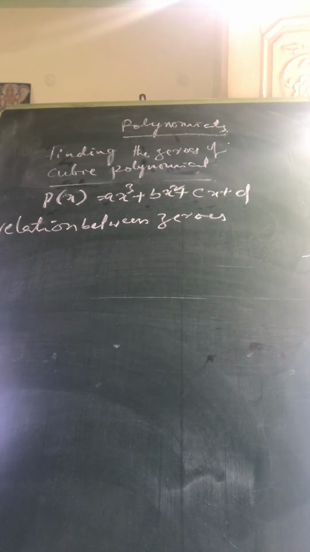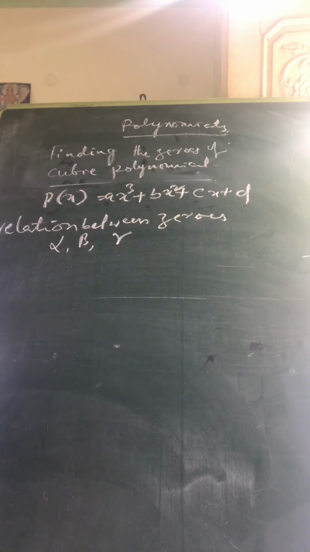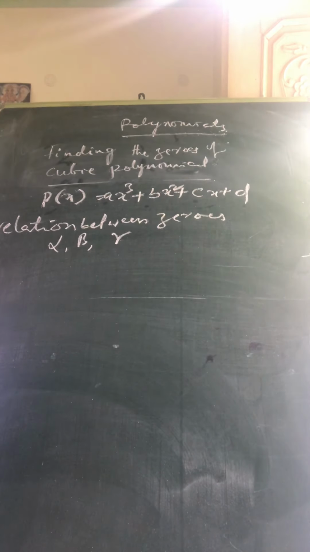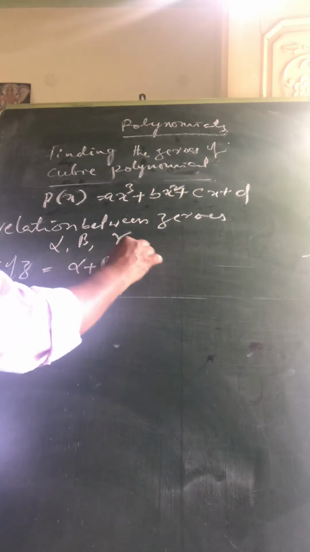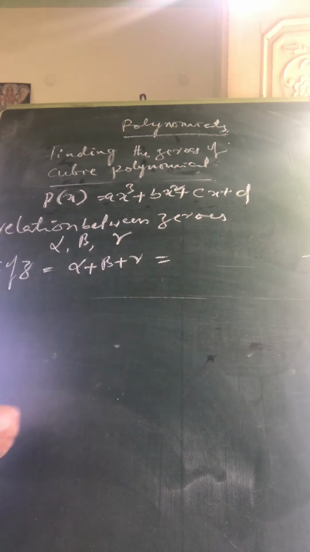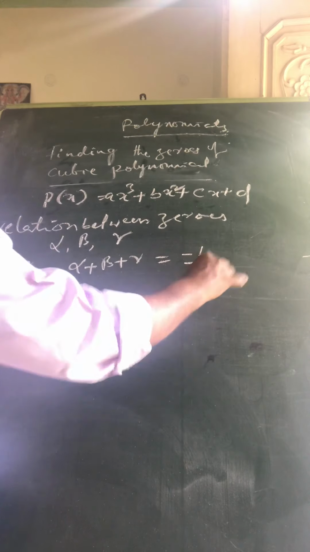What are the zeros for this? The zeros you can take as alpha, beta and gamma. Now, the first relation is the sum of zeros, that is alpha plus beta plus gamma is equal to minus b by a.